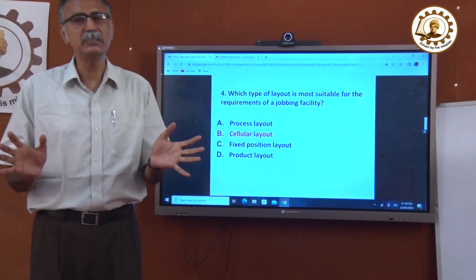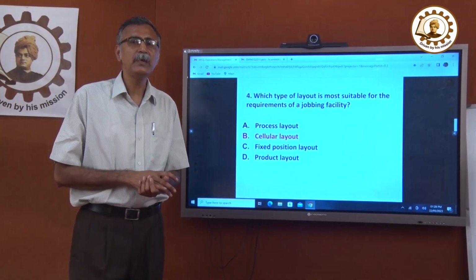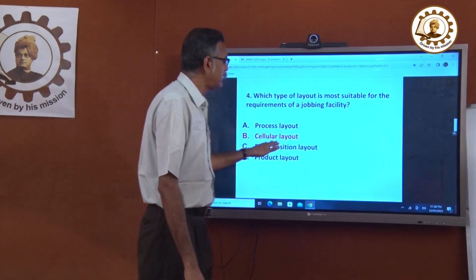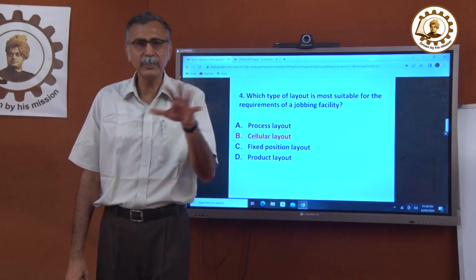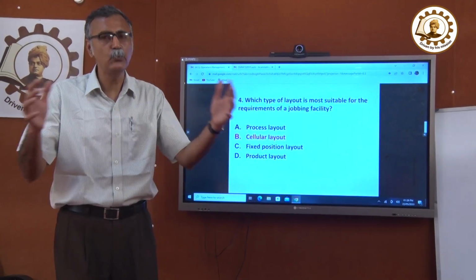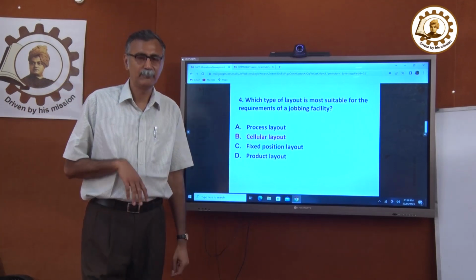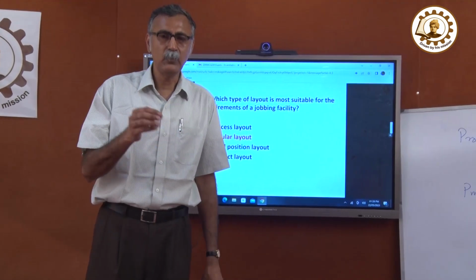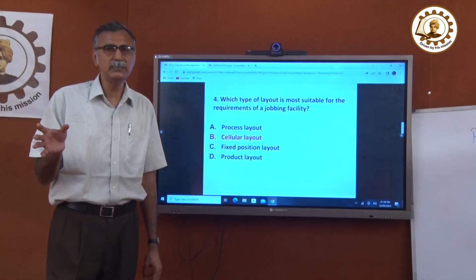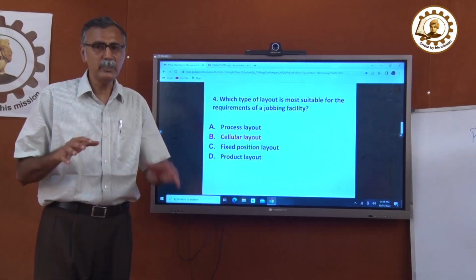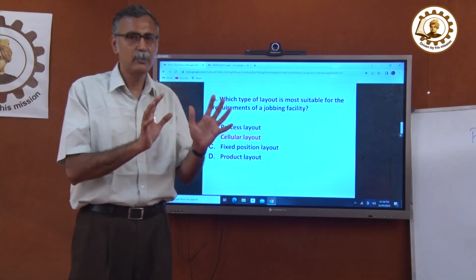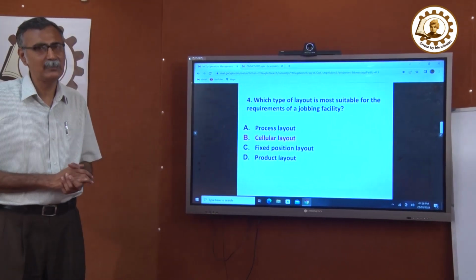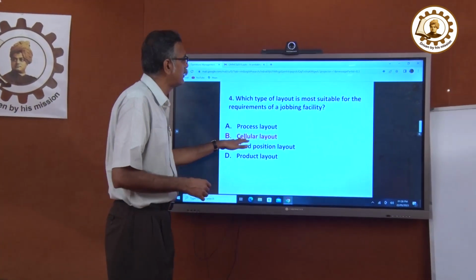Now in a cellular layout, different kinds of machines, say one grinding machine, one cutting machine, another lathe machine, are put together in one block. That block is called a cell, and that kind of layout is called a cellular layout.